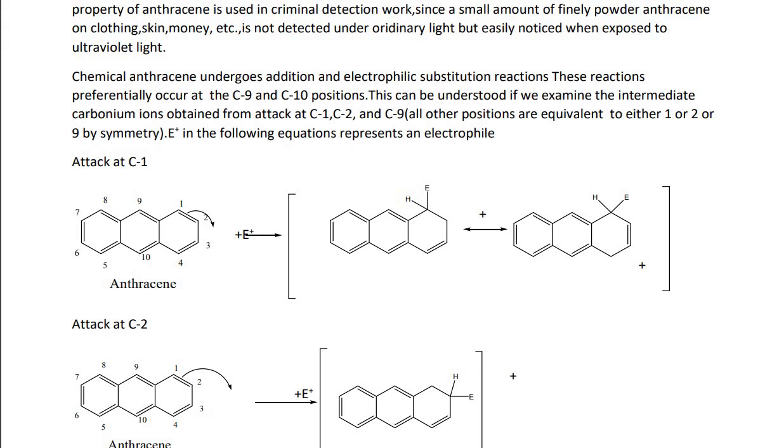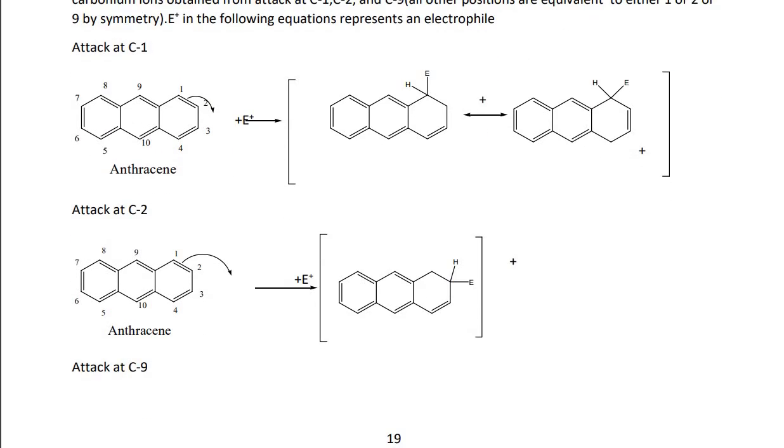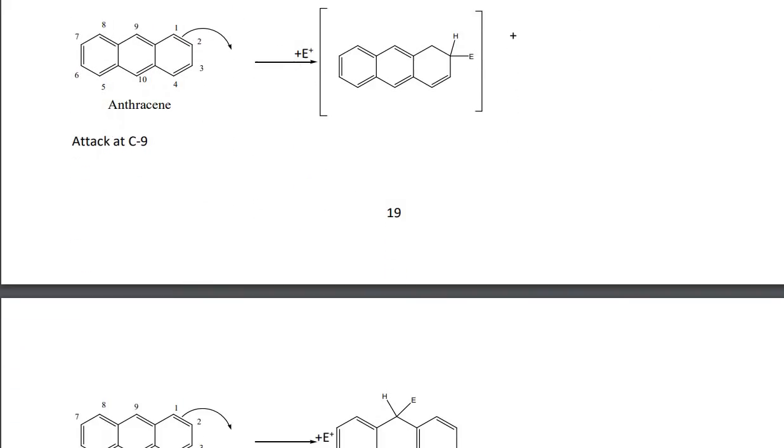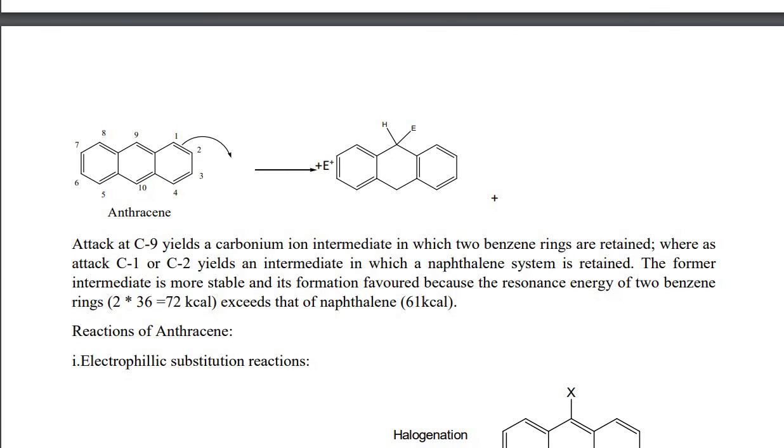So E plus in the following equations represents the electrophile. You can see electrophile attack at 1 position, there is a 2, an attack at 2 position, there is a 1, an attack at 9 position, there is a 1. So attack at 9 yields a carbonium ion intermediate in which two benzene rings are retained, whereas the attack at carbon 1 and carbon 2 yields an intermediate in which the naphthalene system is retained.